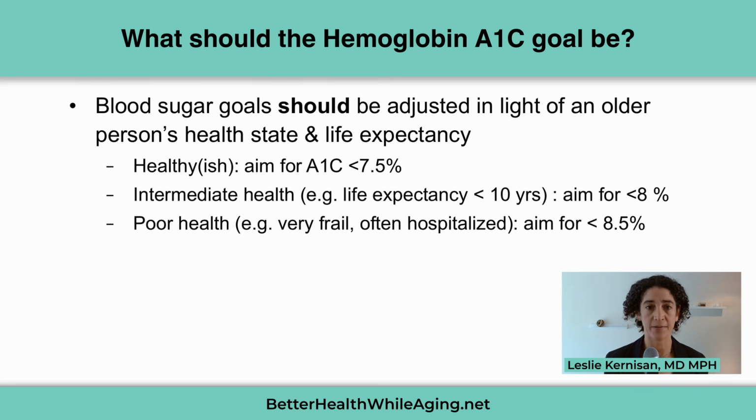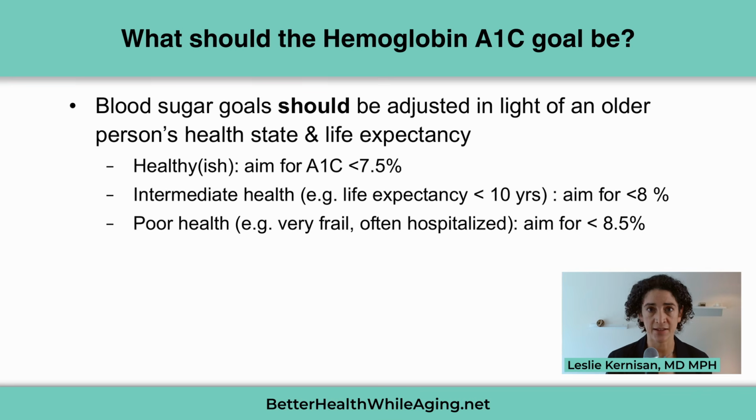So what does this mean? Basically, if people are very unwell, we want to be less aggressive about trying to very tightly control their blood sugar and get it to be as low as possible. I'm going to explain a little bit more why we take that approach. Whereas if they are healthy, then we can aim for less than 7.5.